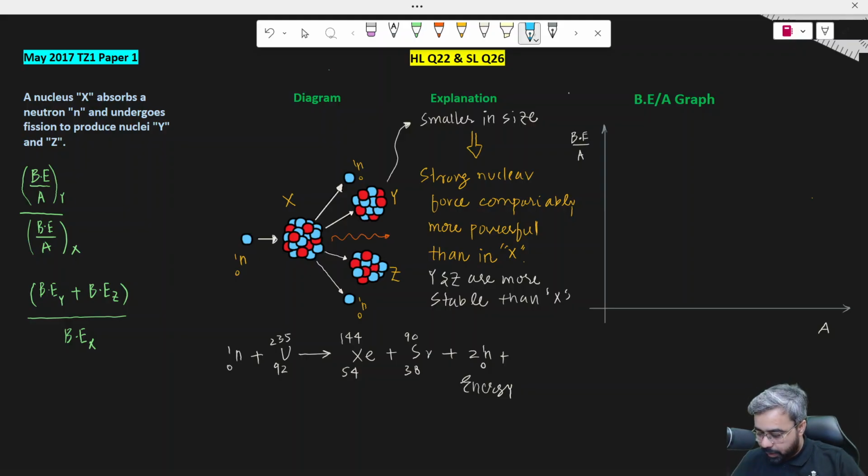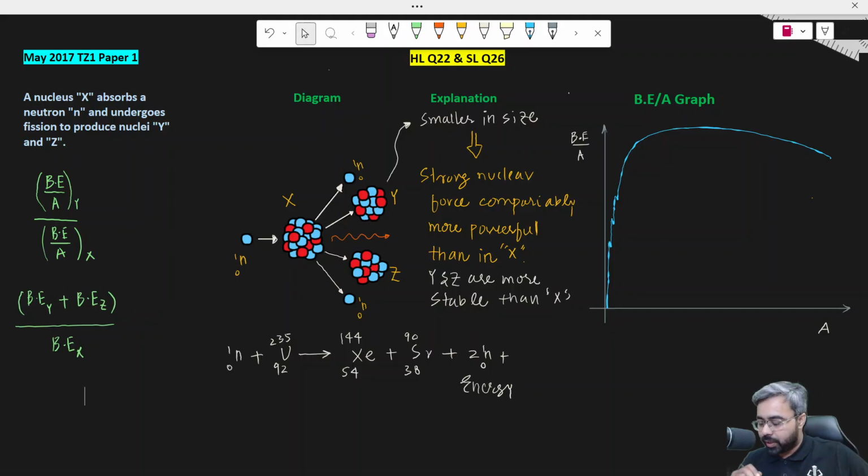I'm going to draw this graph roughly, something like this. In this graph, the top element, the most stable, is always iron, but we are right now talking about the general case.